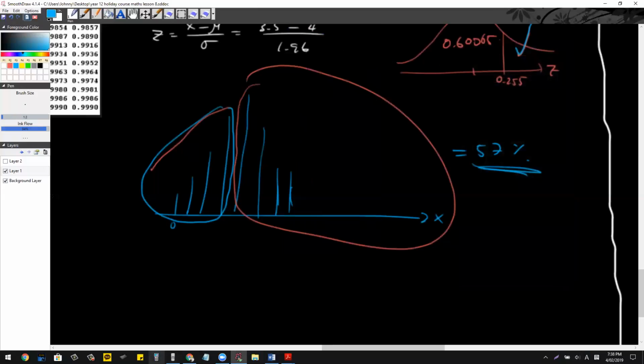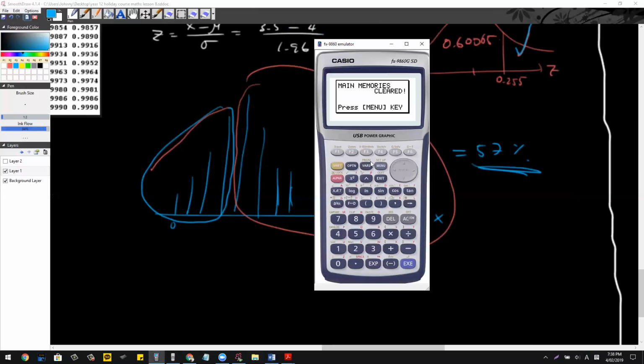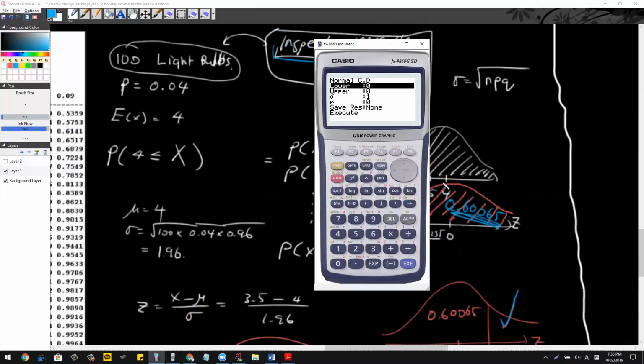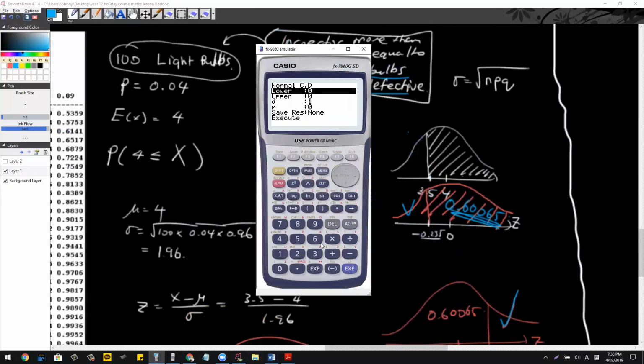If I use the normal distribution, hold on, it's frozen. Okay, there you go. So if I use normal distribution, instead of the z-score, I can just go straight away into 3.5, because that includes the 4. So above 3.5 is included in 4. And then I just go for 99999, a very high number.